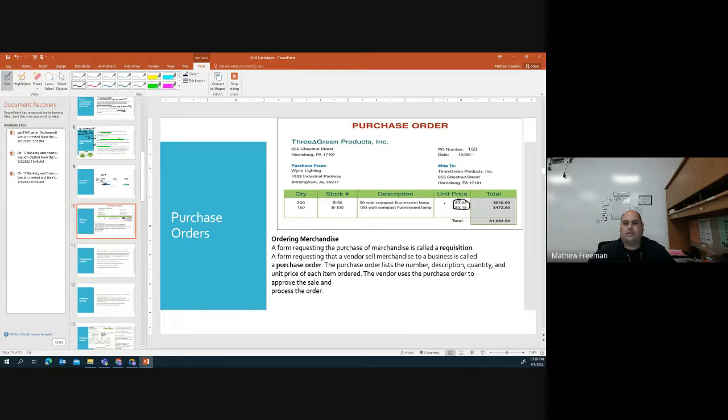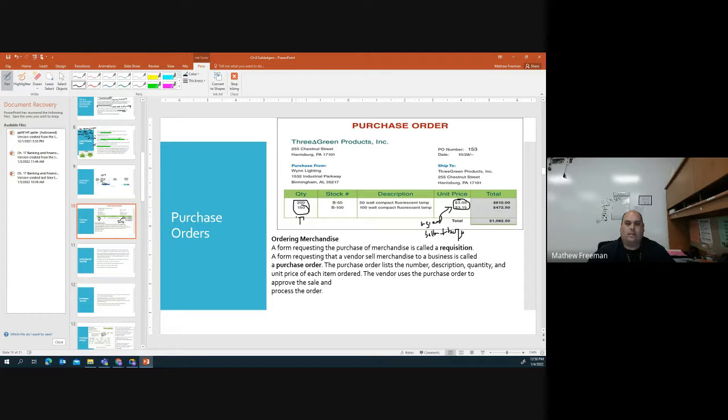So these prices tend to be agreed by both the seller and buyer. Okay? And this is a quantity also.